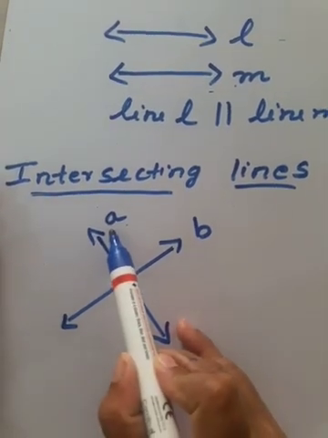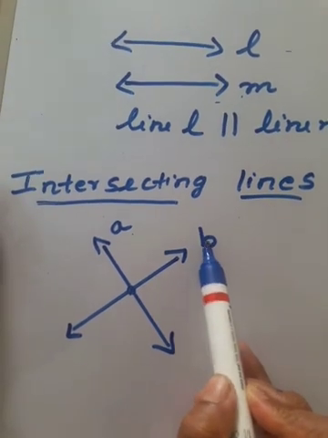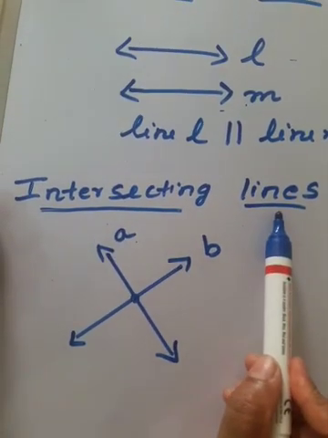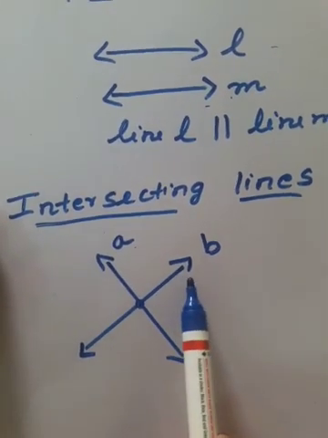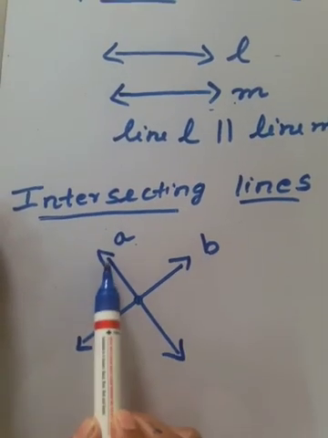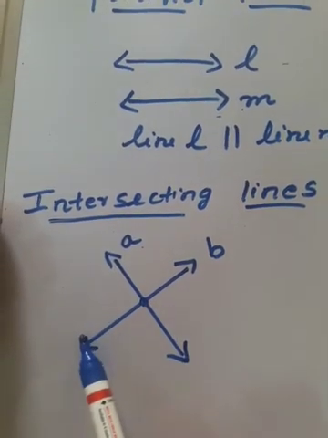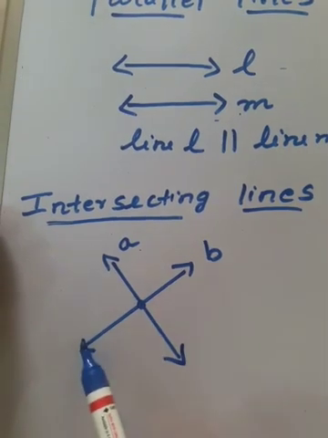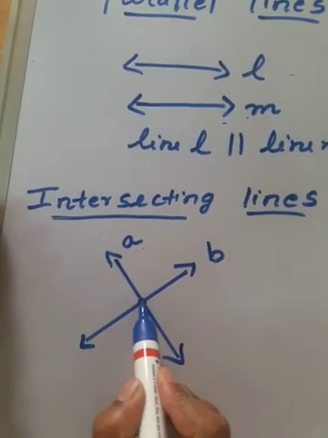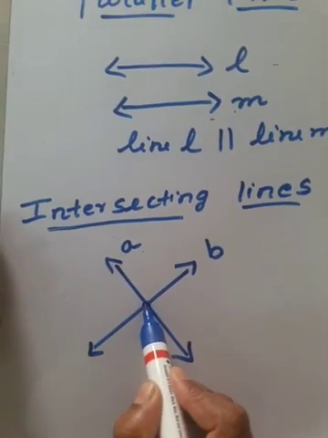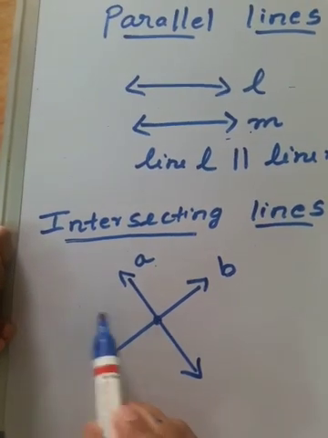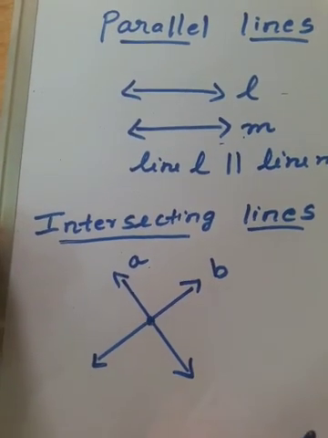So line A and line B are called intersecting lines. Why are they called intersecting lines? Because these two lines, line A and line B, intersect each other at one point.